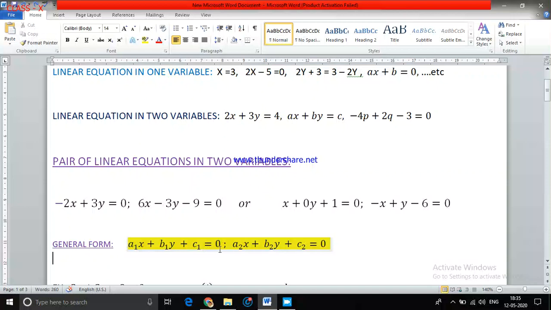After the equality, you have 0 only. Here also c2 is on the left side of the equality, and after equals to, you have only 0. That means the constant of an equation will always be on the left side. If it is given on the right side, you have to bring it to the left side if you want to compare it with the general term.